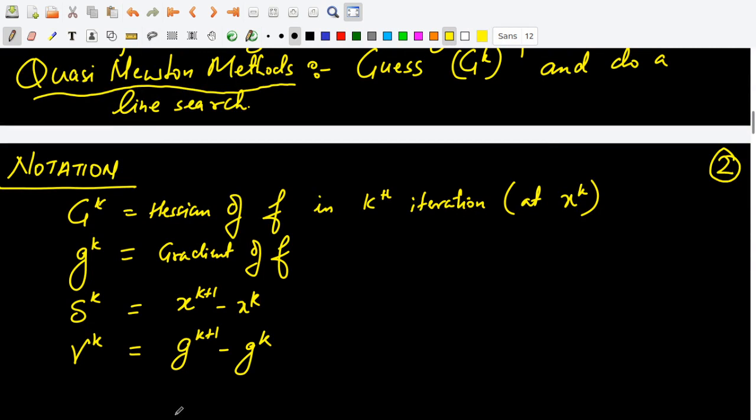A lot of updates and point selections will use these symbols and not much of f and x and their gradients and Hessians.